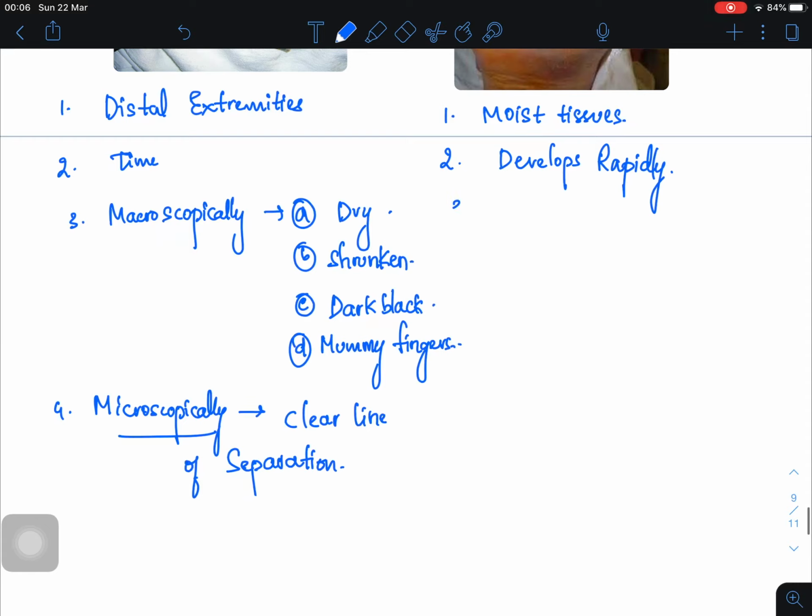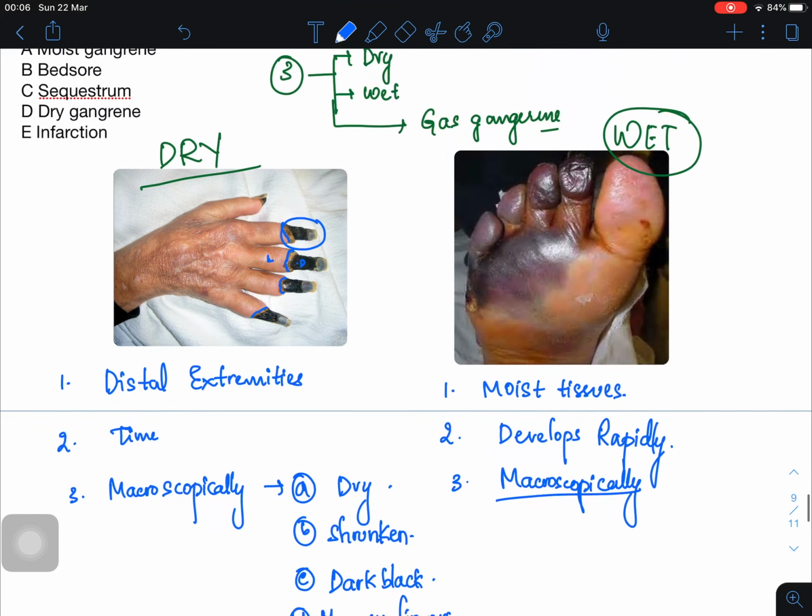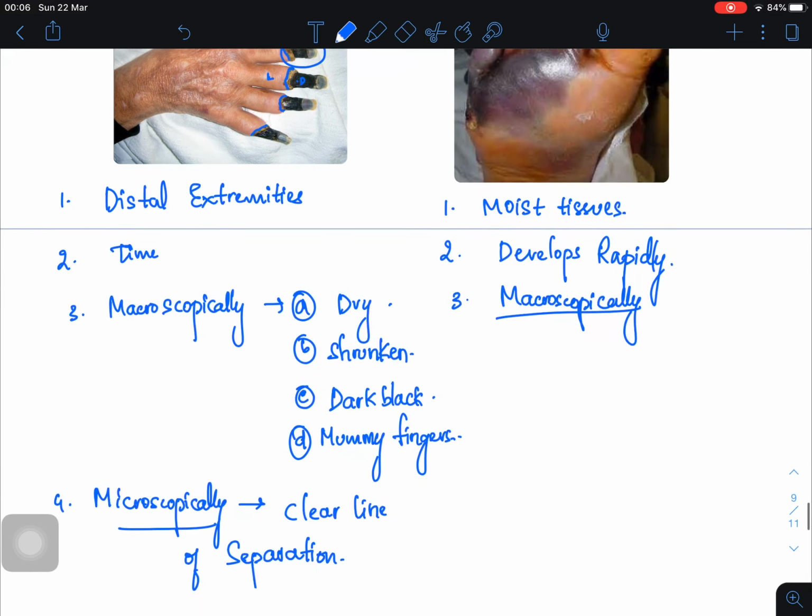Coming to the wet gangrene, macroscopically when you look, does it look dry or soft? It looks soft, right? Is it shrunken or swollen? It is swollen. So by looking at it, you can see that once you puncture it, there might be a lot of putrid material in that, a lot of rotten material, and moreover the color is dark.